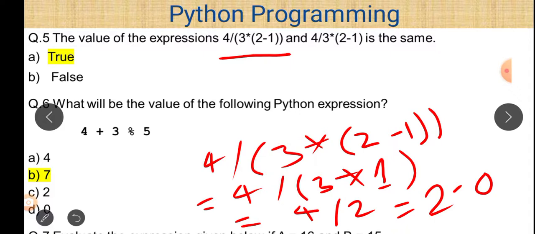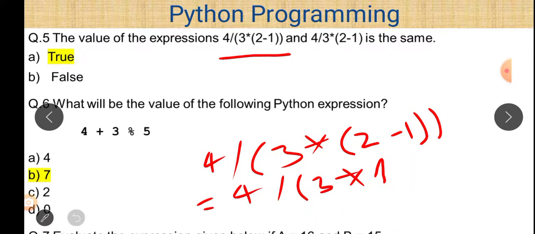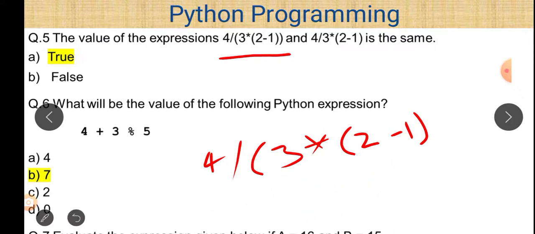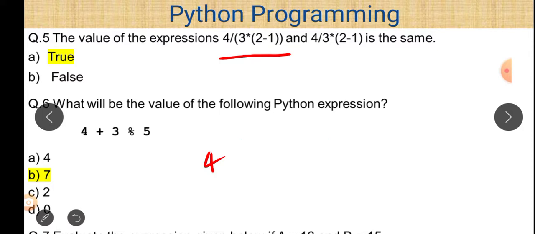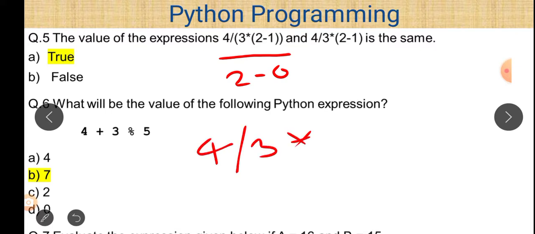Now let us take the other, second expression given in this question. So here the answer is 2.0. Now (4 / 3) * (2 - 1).